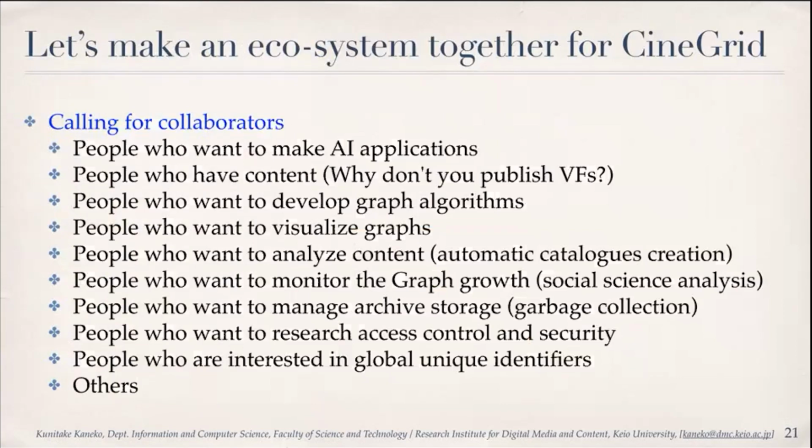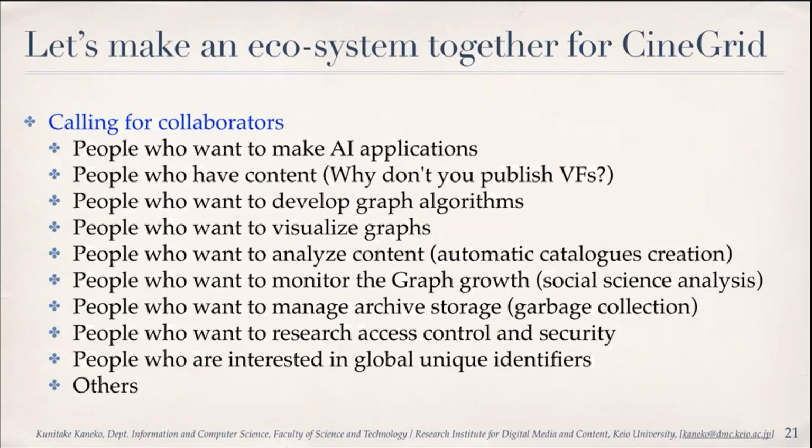But it's honestly a huge system. So I want to call for collaborators: those who want to make applications, AI applications, who have content, who want to develop graph algorithms, who want to visualize a graph, who analyze the content, or monitor the graph growth.